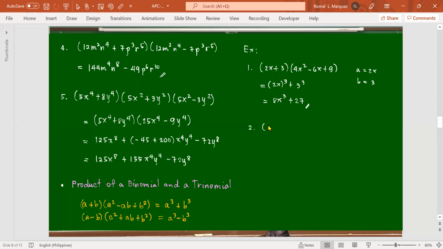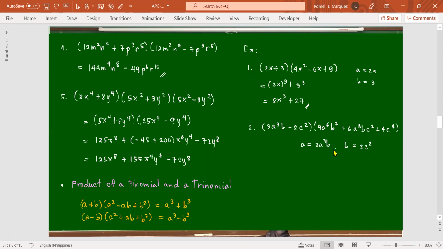If I have 3A cubed B minus 2C squared multiplied by 9A to the 6 B squared plus 6A cubed B C squared plus 4C to the 4th. Let's see, what is our A here? 3A cubed B. What is our B? 2C squared. Am I right, guys?